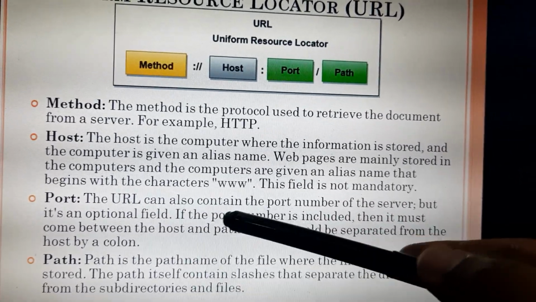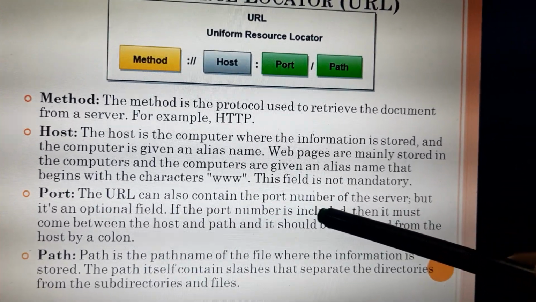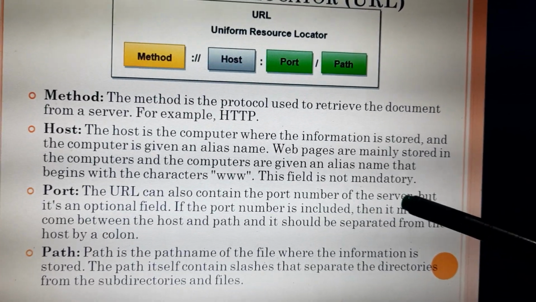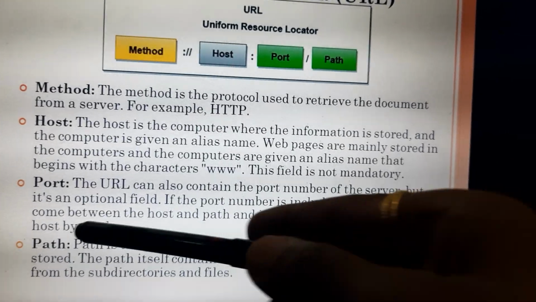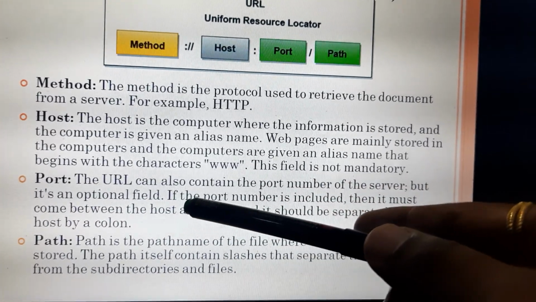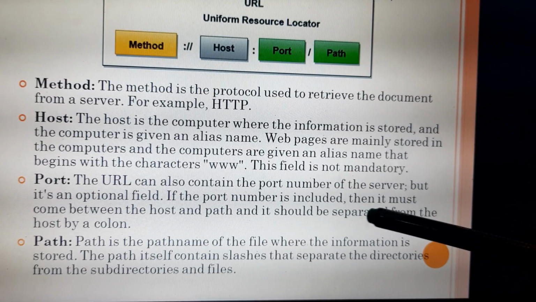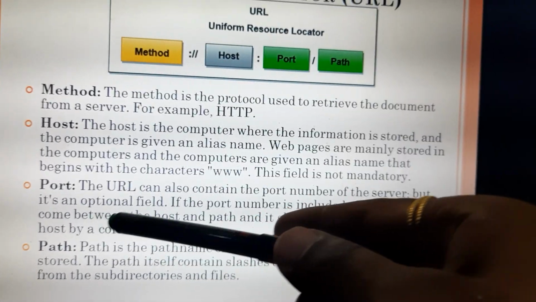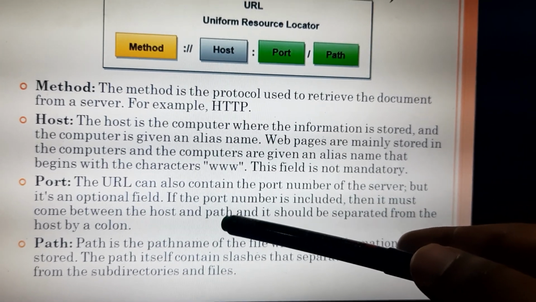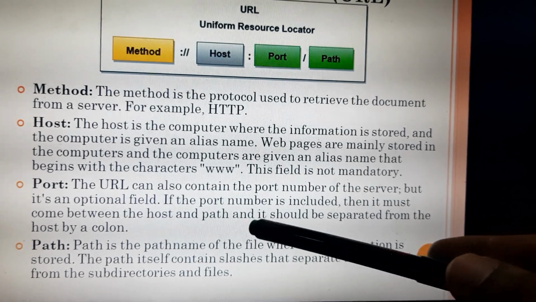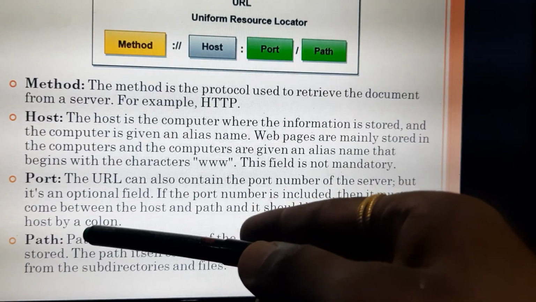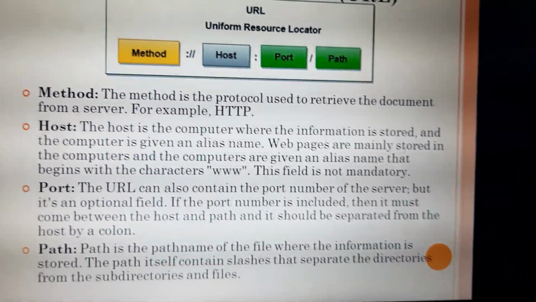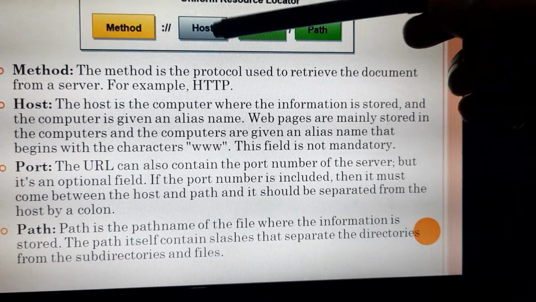URL can also contain the port number of the server, but it is an optional field. If the port number is included, then it must come between the host and path, and it should be separated from the host by a colon.